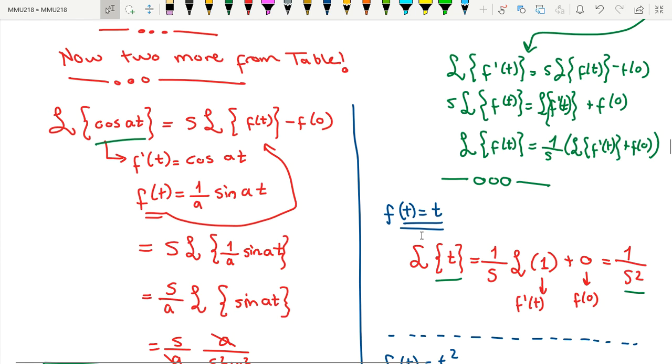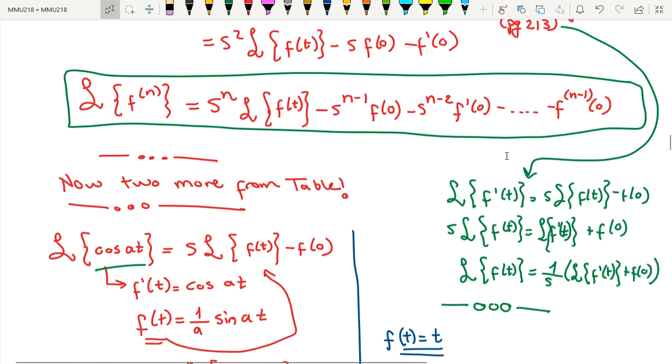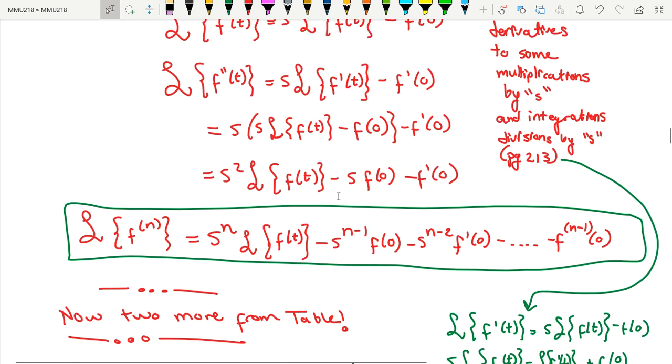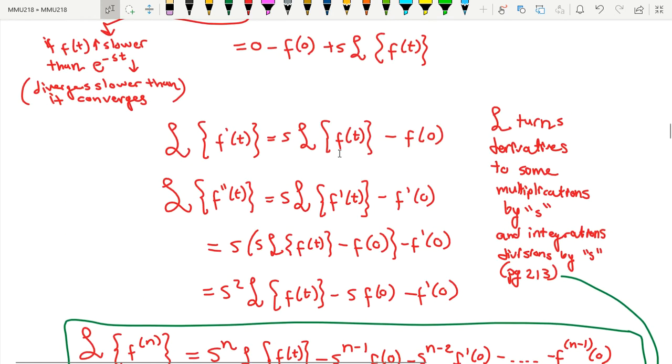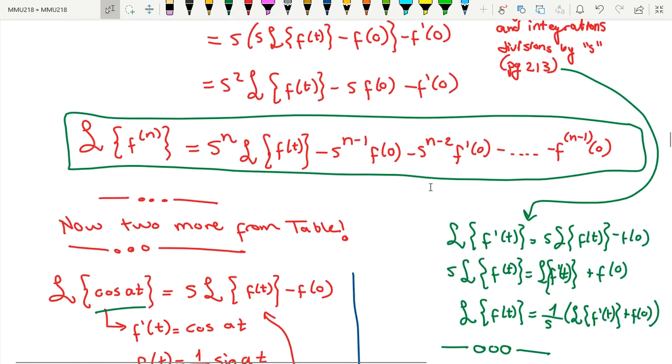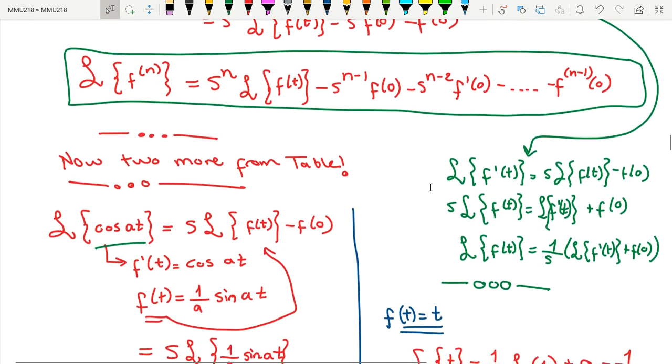If f of t is t, f of t is t to the power 1, if you will. In that case, I would need one identity here, which could be used. That's like the integration, so the reverse of this one, the inverse operation of that one. How can I sort out the terms there?